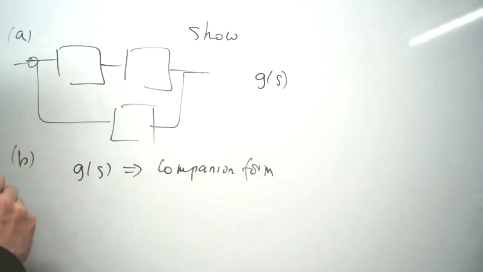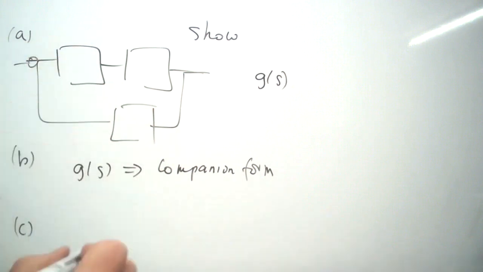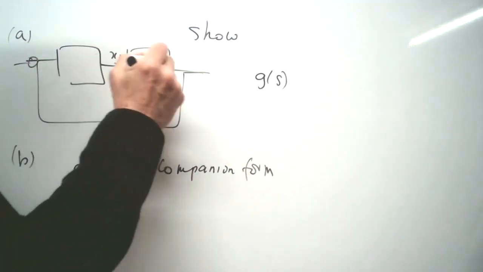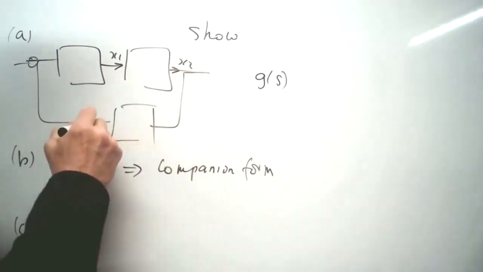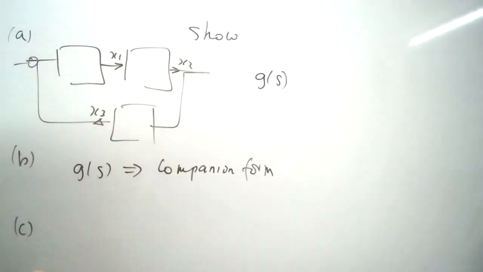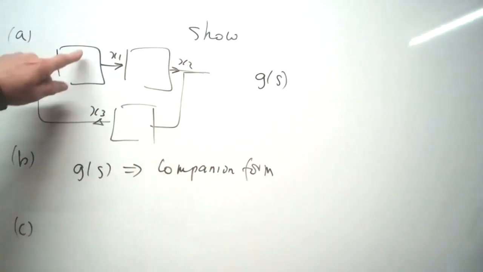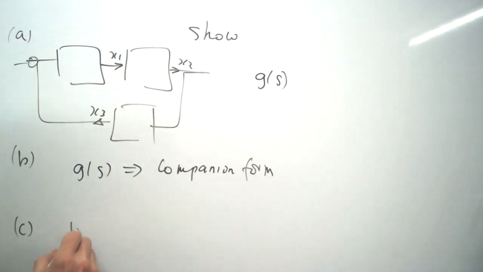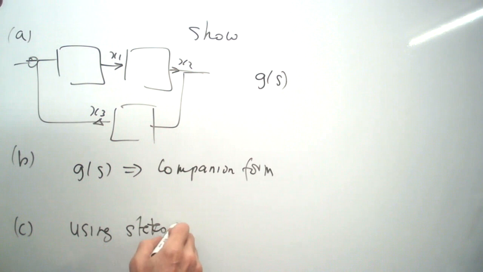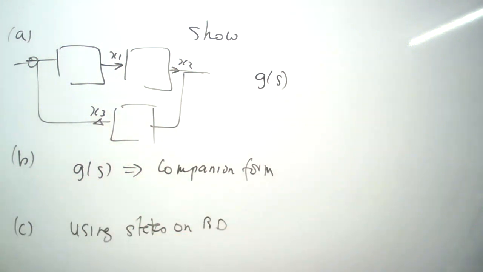And then part C, the block diagram has got some states on it, like say X1, X2, X3. Using the states on the block diagram, you get some state space equations.